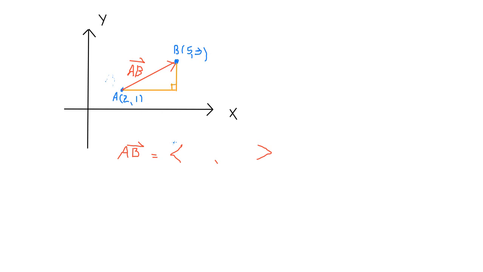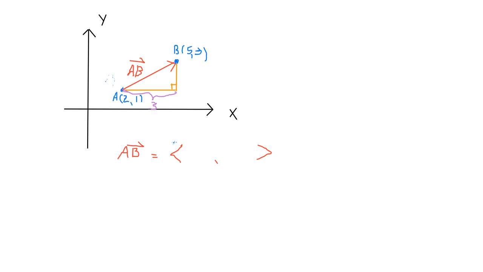So I guess we could get the components if we knew this distance here. What's that distance equal to? That's right, that's going to be 3.